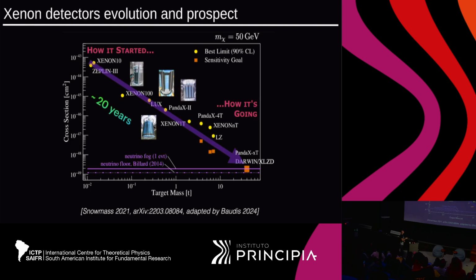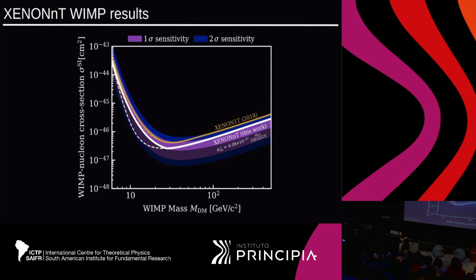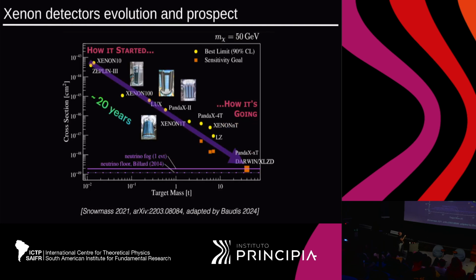Then, moving forward, that was the XENONnT result. That is not actually the best result that we currently have from xenon TPCs. This is just a history of the best cross-section for a given mass of 50 GeV, so it would be something around here, okay? What is that cross-section for different experiments?